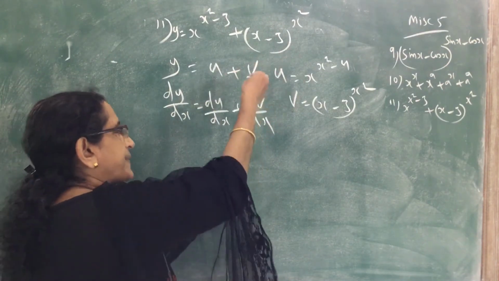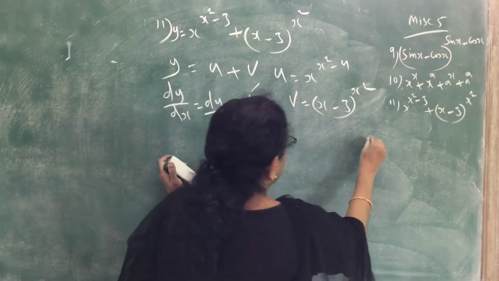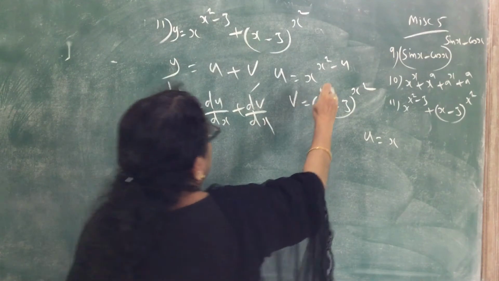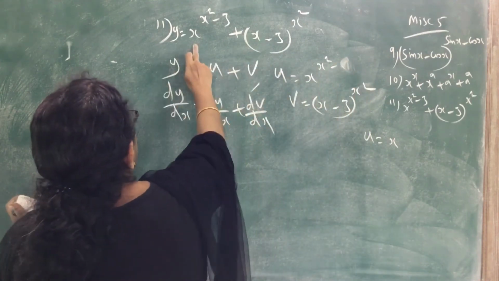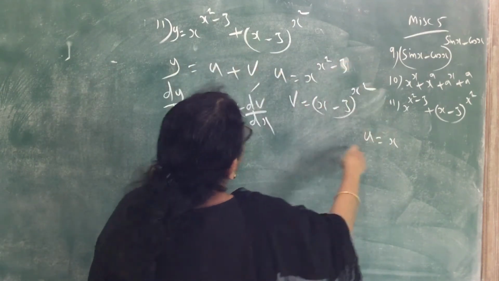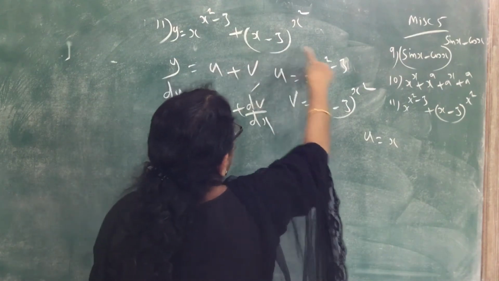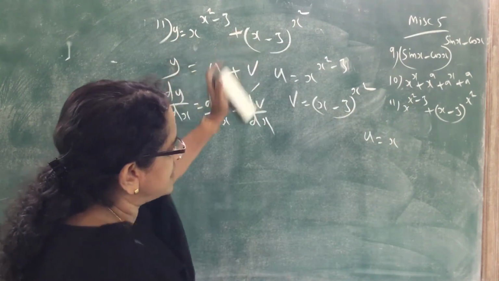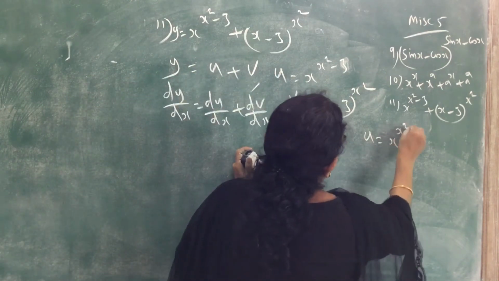So we will find them separately. Take each. First consider u. u equals x raised to x square minus 3.